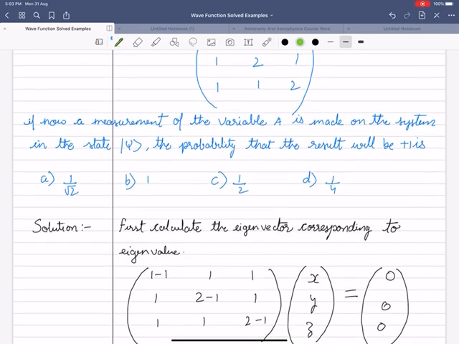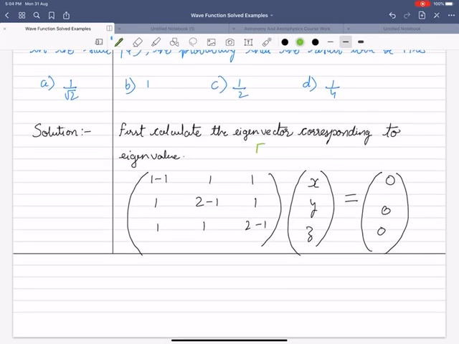Our first step is to find the eigenvector corresponding to the given eigenvalue.